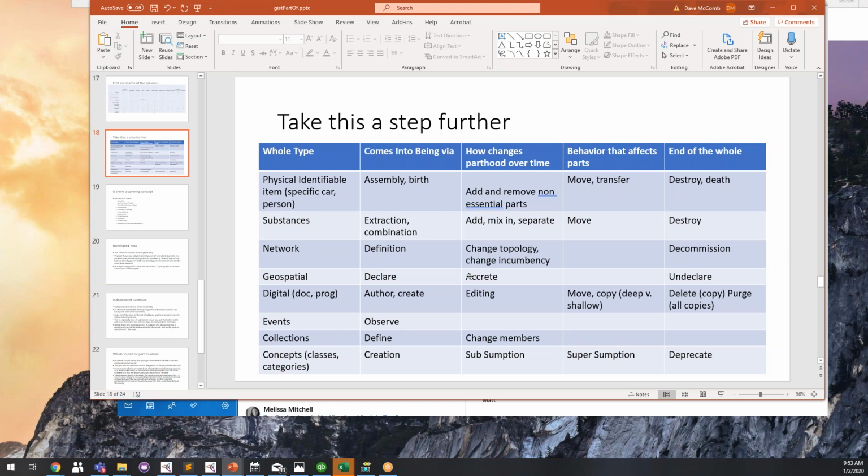Because we talk about parts and wholes, but with cars and stuff, the whole comes into existence in the process of assembly. So the parts come together to make a whole. In fact, most manufactured things are that way. Most additive manufactured things are that way. Whereas living things, it's the other way around. The whole comes into existence at birth. But when we deal with substances, where did the whole come from?